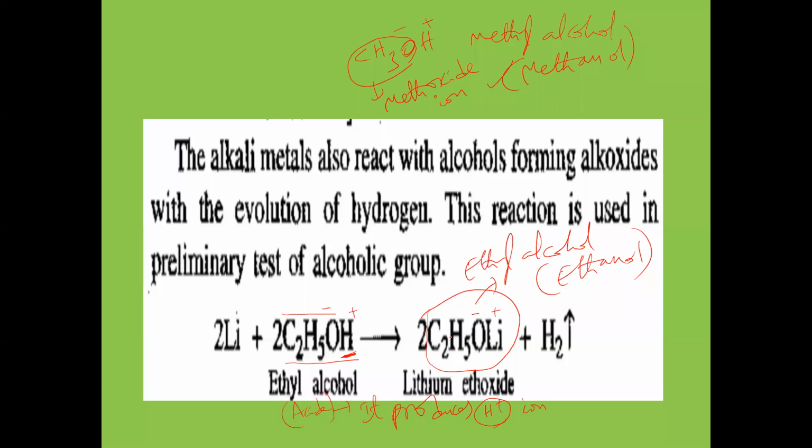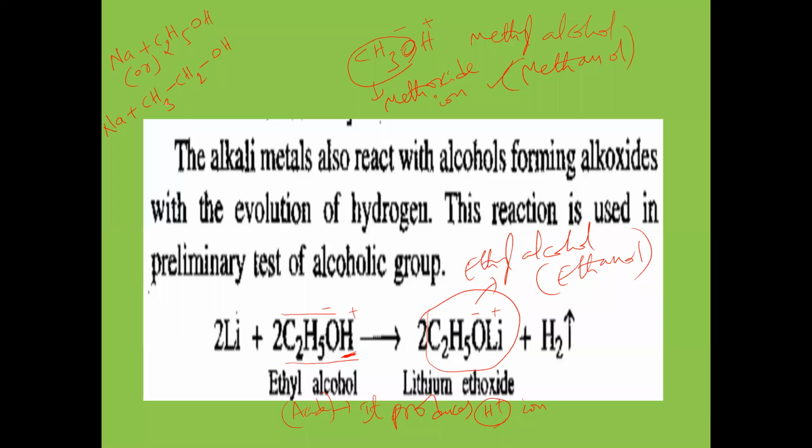So this is about the reaction of alkali metals with alcohol. Now tell me the reaction of sodium with ethyl alcohol. Ethyl alcohol we write like this: sodium Na plus CH3 bond CH2 bond OH.